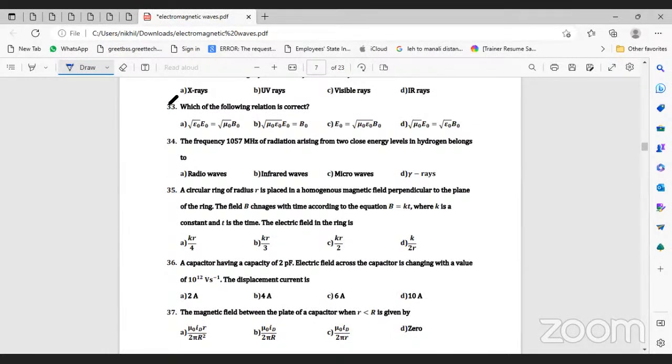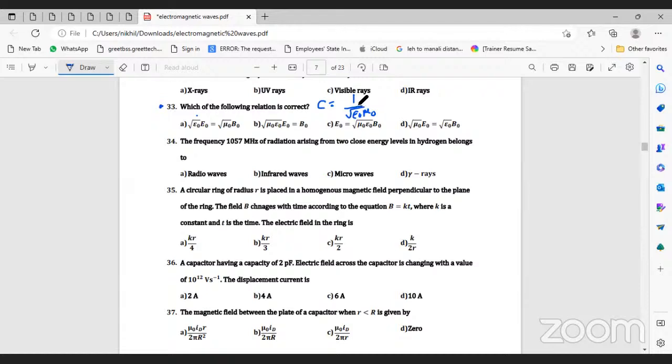Look at the 13th one. Which of the following relations is correct? You know that C is equal to 1 divided by root epsilon naught into mu naught.